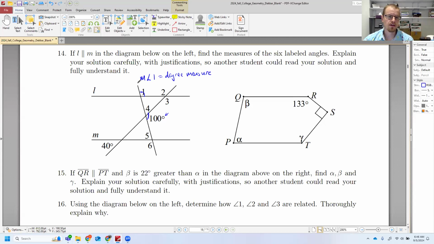You'll notice here that there are no points on the lines, so I couldn't talk about the measure of angle ABC because I don't have points A, B, C. So 1, 2, 3 are reserved for names of angles. A, B, C are reserved for names of points.